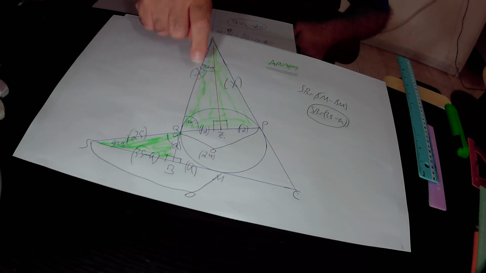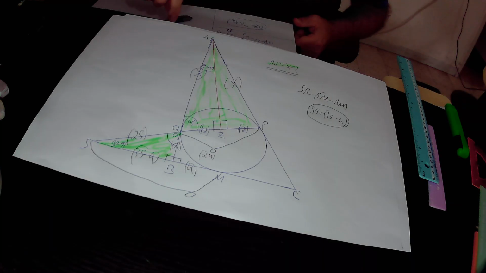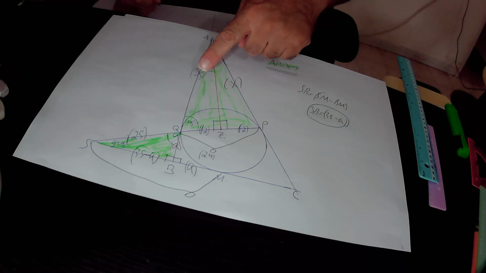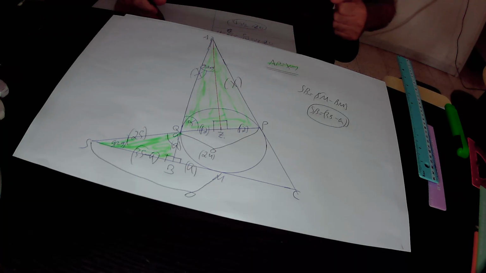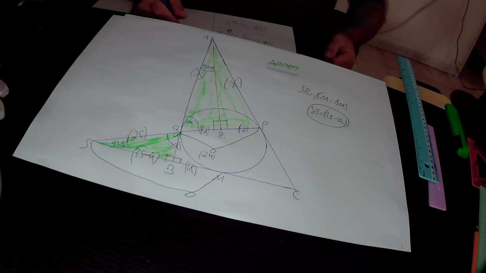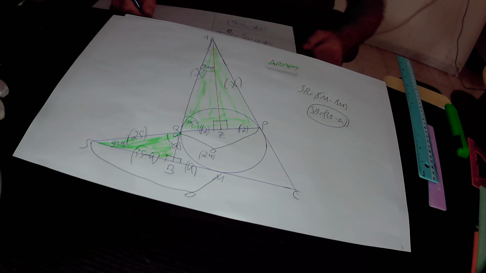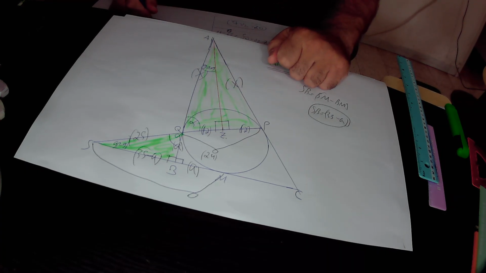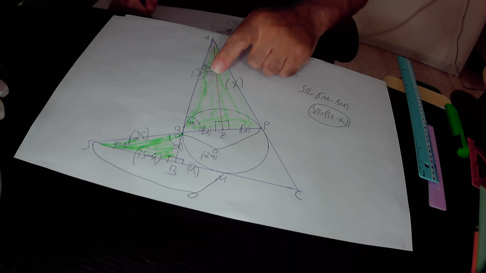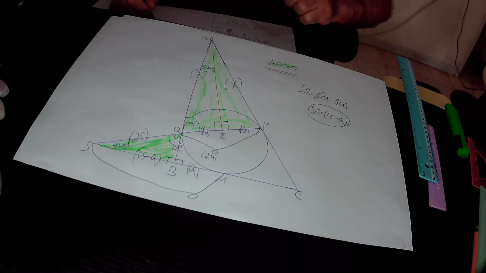We derive that side SQ of this small triangle SQB over side AQ of this big right triangle AQZ is equal to side QB of this small right triangle SQB over side QZ of this big right triangle AQZ.